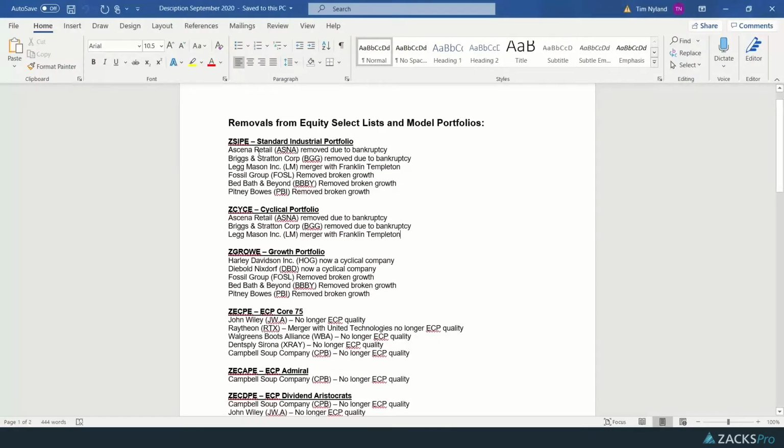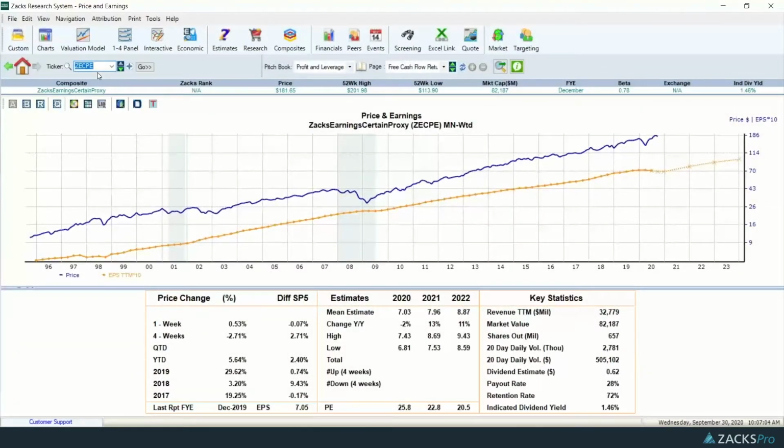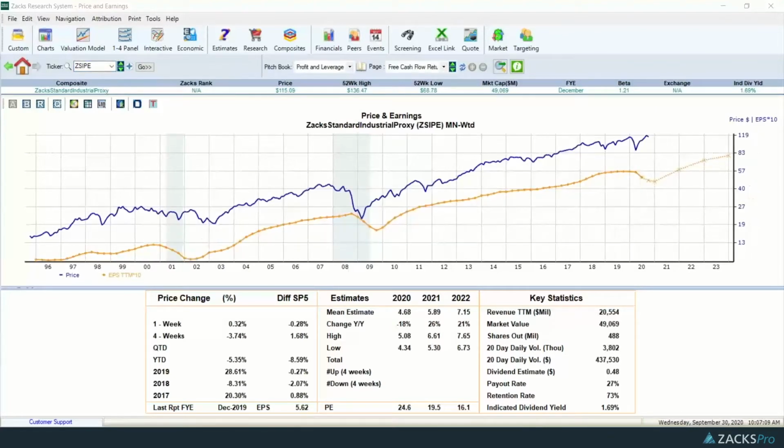First, just a couple comments on changes to the equity select list, and keep in mind that the standard industrial portfolio is the larger 400 stock universe from which the cyclical and growth portfolios, each 200 members, are derived. And this is the pulse of the U.S. economy. So it's a much cleaner pulse of what's going on in the U.S. economy, minus the tilt sectors, and also minus stocks that don't have any analytical relevance to what's going on in the U.S. economy.